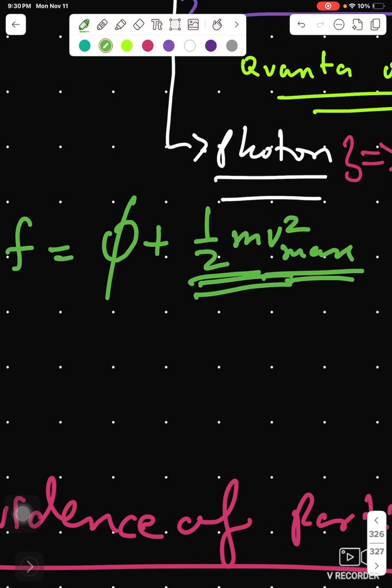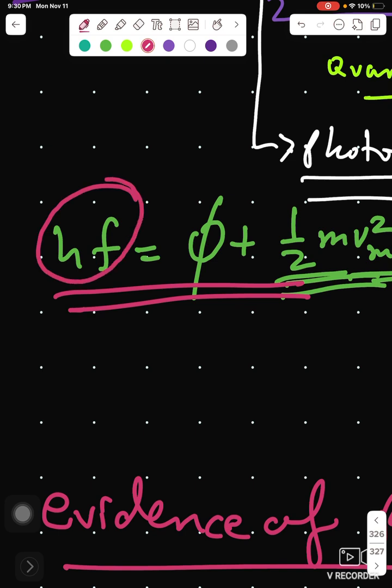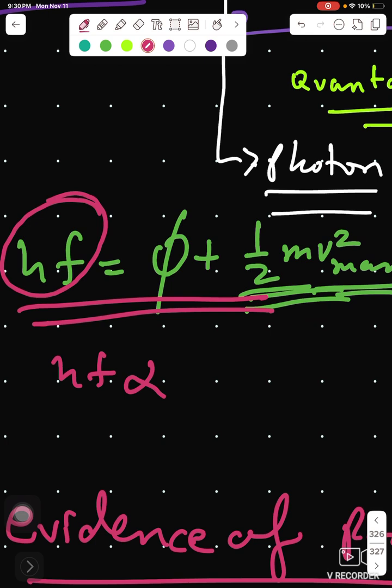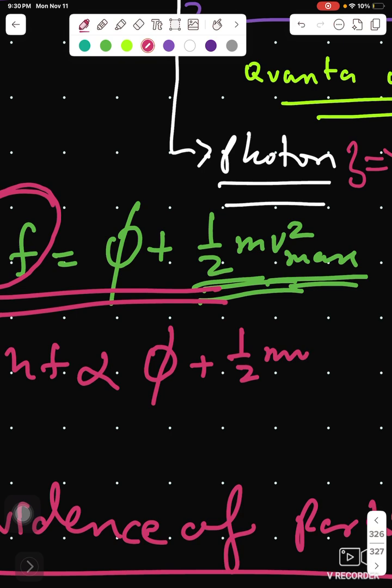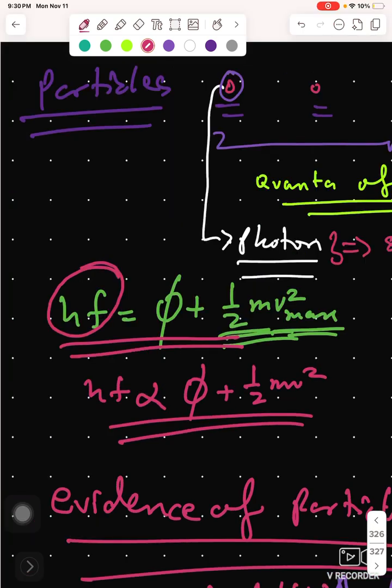What we are doing is making a proportion. hf is nothing but photon energy, and this photon energy is equal to the work function plus 1/2 mv squared.